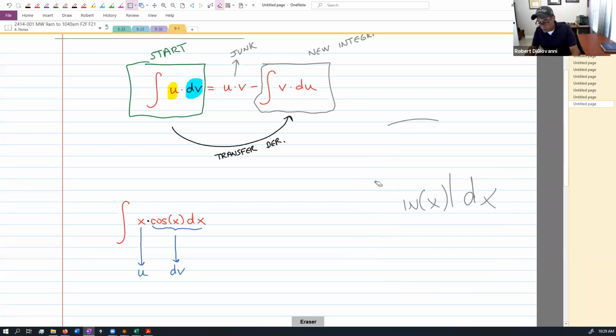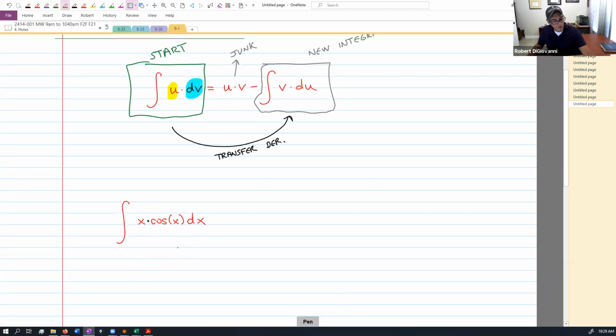Now, I want to run through this again, but I want to say, what if we switched it? What if Roman would have said, let's let the cosine x be the u, and let's let the x dx together be our dv? Do y'all see the difference by approaching it this way? So I'm going to stick with you, Roman.